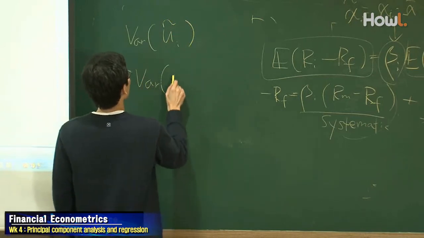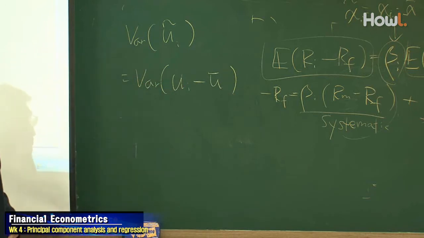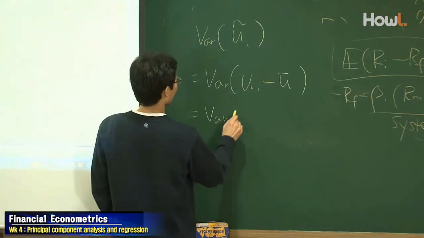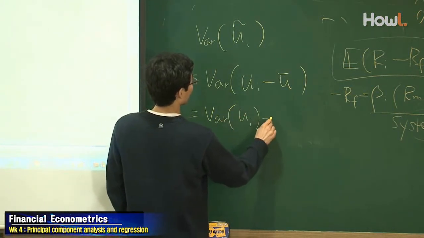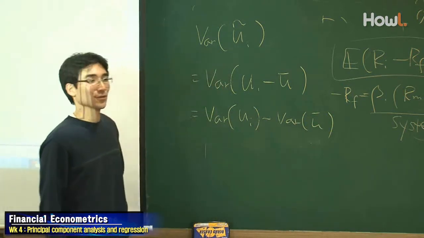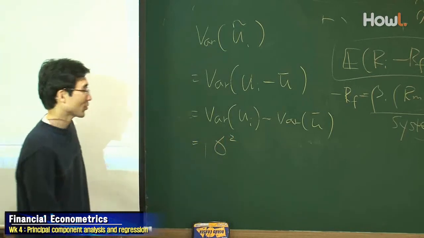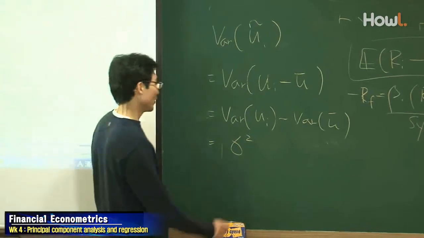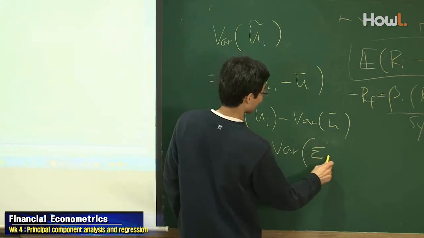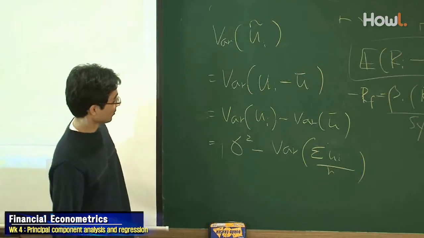Okay, and about the second item, the variance of ui tilde. The variance of ui minus u bar. So it's basically the variance of ui minus the variance of u bar. Okay. And the variance of ui is by our assumption sigma u squared. And the variance of this one is basically the variance of the sum of ui divided by n, right?